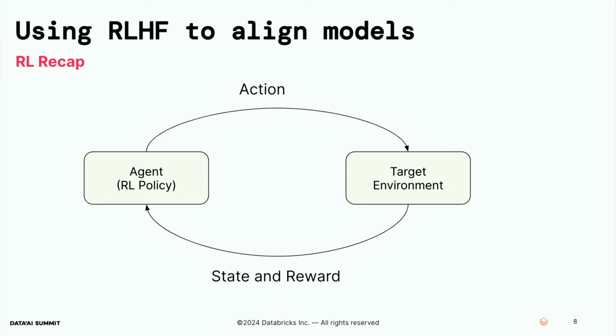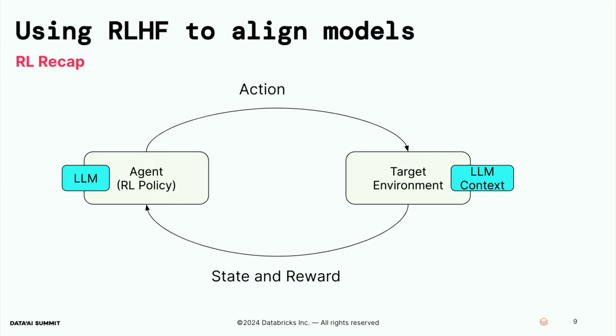A small recap: in reinforcement learning, usually we have an agent or reinforcement learning policy. That's usually a deep learning model which we're trying to tune or optimize, and we have an environment. If we are playing Atari games, that's going to be a simulator of those games. But we are not playing games here, we are trying to optimize a large language model.